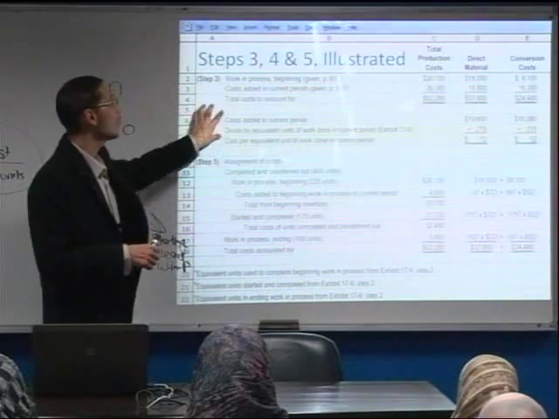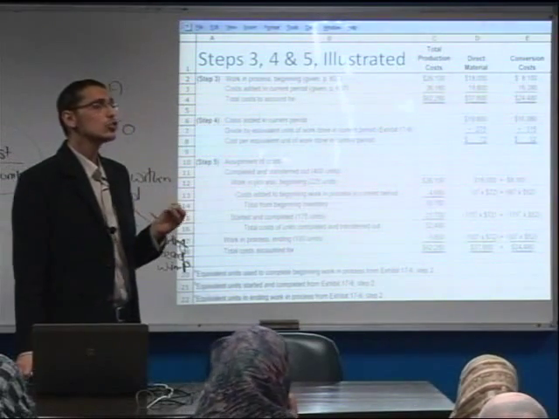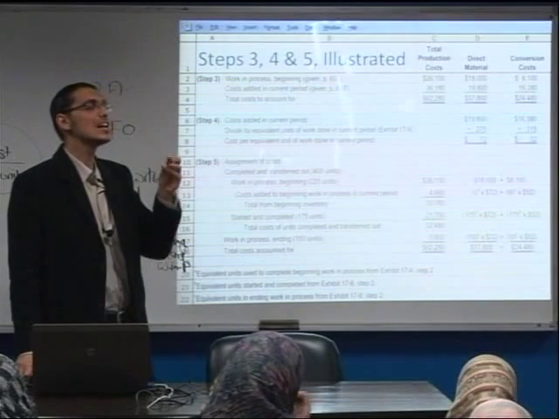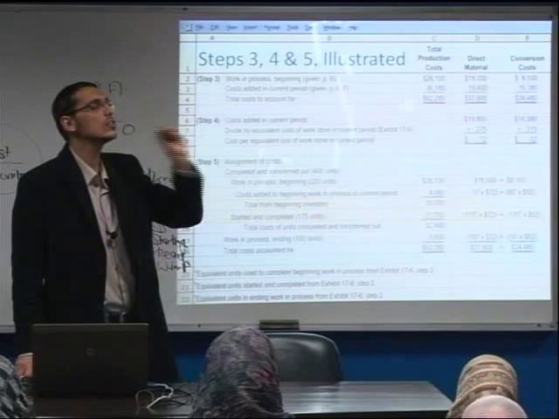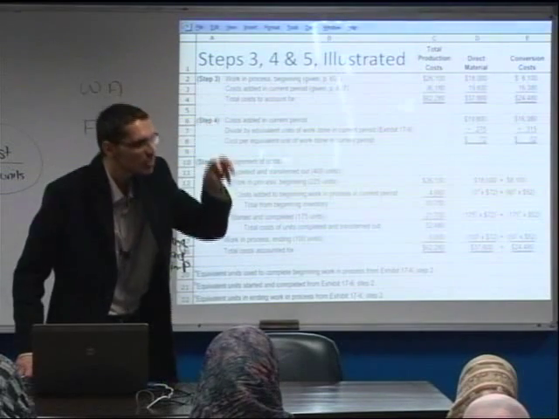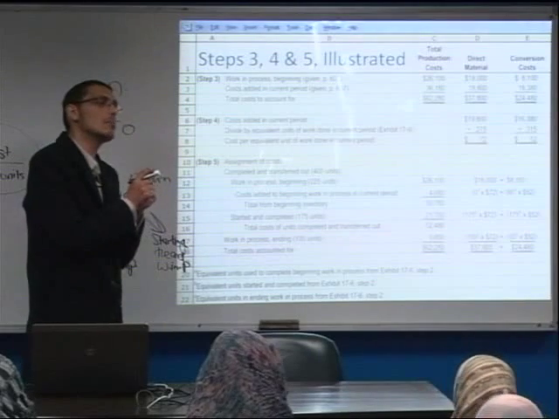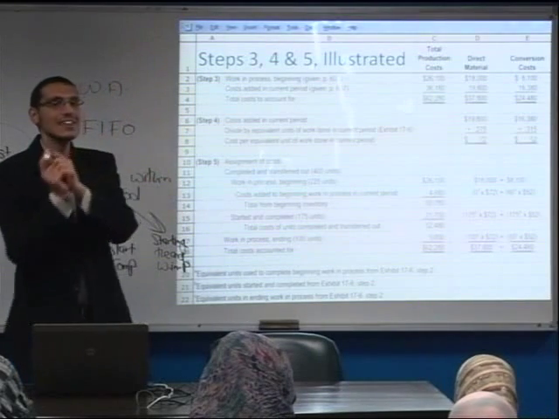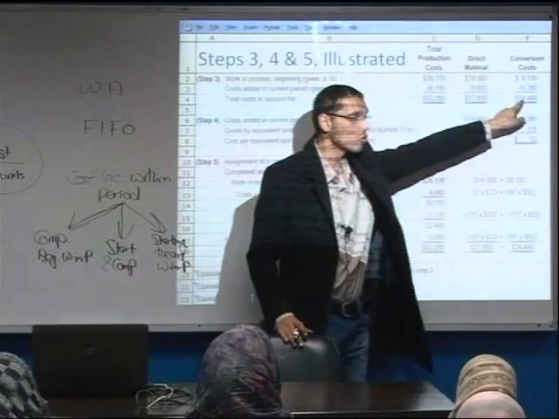Now, in step number 4, we said that we are going to divide the costs that are incurred within this period by the equivalent units for the work done within this period. Therefore, we are not going to use the same application as in the weighted average. As you can remember, in the weighted average, we use these amounts, correct?